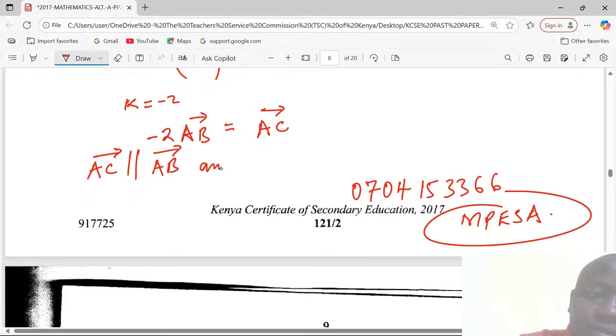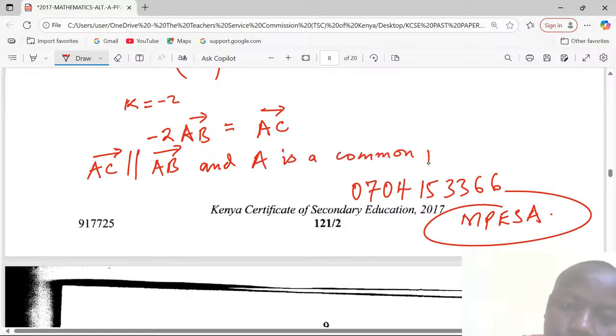In the two vectors, there is a point that appears twice, and that is point A. So A is a common point.